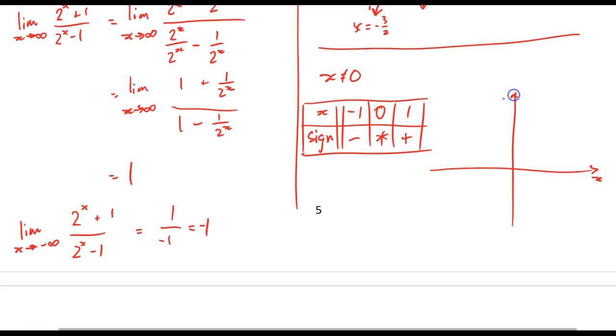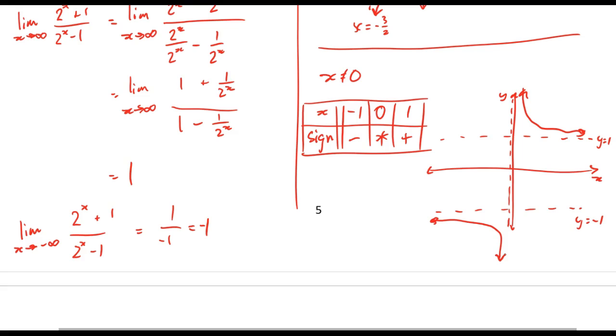So, x, y, asymptote here, y equals 1, another one here, y equals negative 1, so it's positive here on the right, and it's negative here on the left.